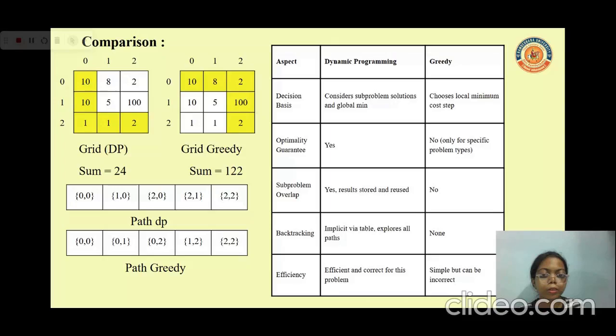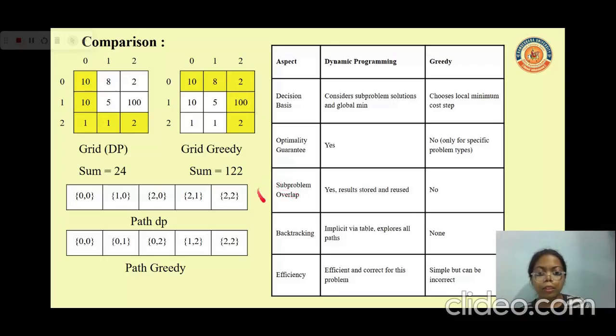It does not consider the overall situation. In this case we can't guarantee an optimal solution from the greedy algorithm. You can see that from 24 we are getting 122 for the same question.